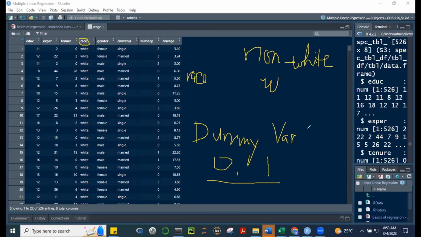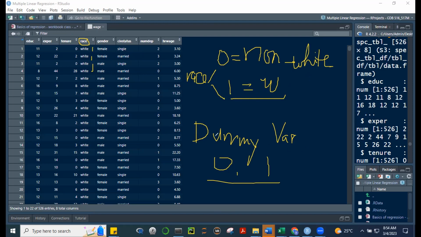So what is R doing here? By default, it assigns the value 0 to the level that appears first, and the value 1 to the level that appears next. R attaches the level with the value 1 to your variable name. So it becomes race white, which means that all the whites are 1, and non-white is 0.